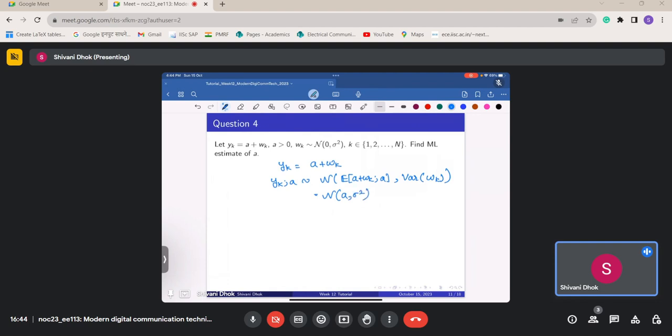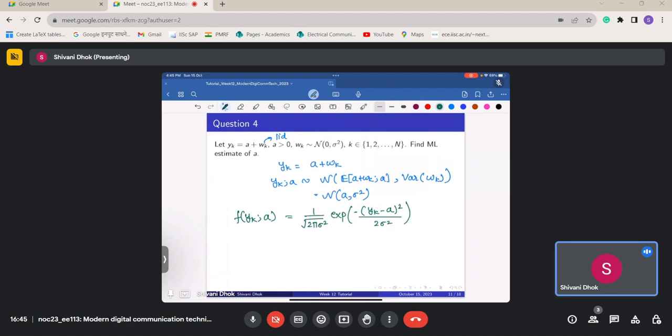These wk's are again IID; unless otherwise mentioned, everything will be IID. So your likelihood function of yk given a will be simply 1 upon under root 2 pi sigma square into e power minus (yk minus a) whole square divided by 2 sigma square.